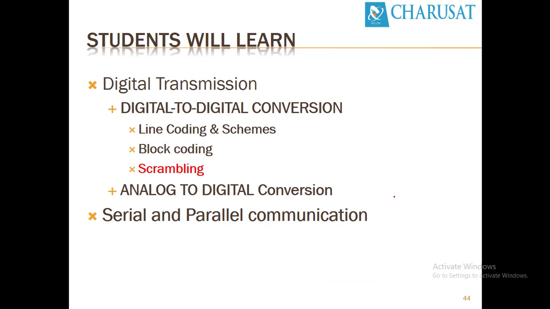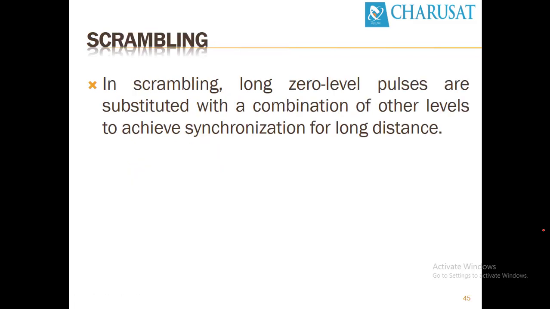Now let's see how scrambling works. Scrambling is similar to the block coding method, but it overcomes certain problems which exist in digital transmission. In scrambling, long 0-level pulses are substituted with a combination of other levels to achieve synchronization. So we saw earlier in line encoding methods, certain methods have a long sequence of zeros or a long sequence of ones.